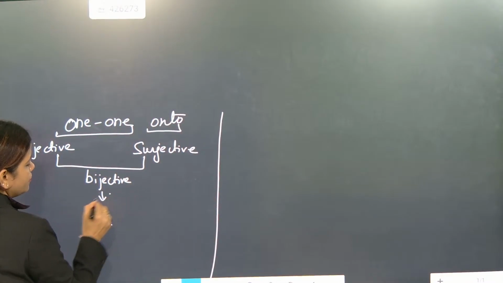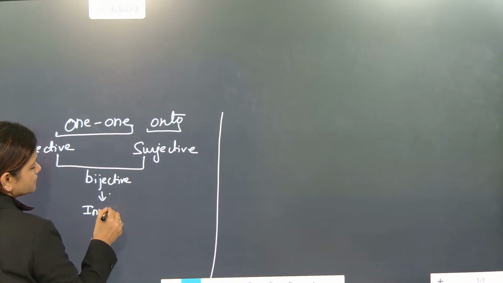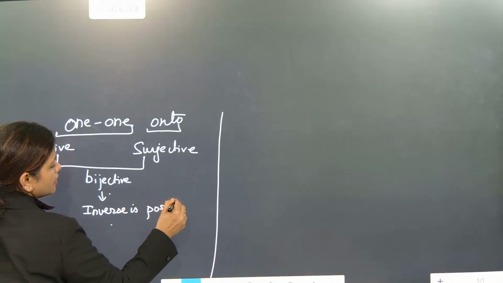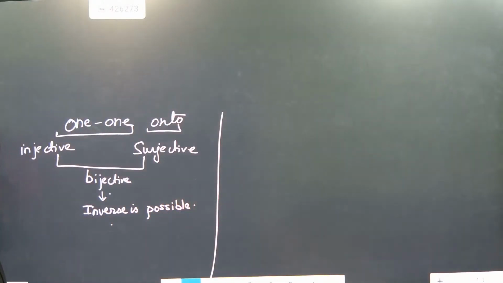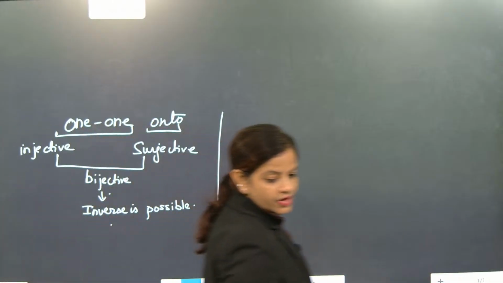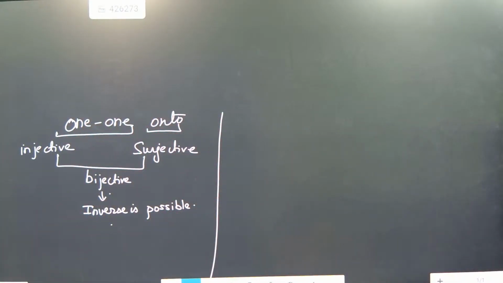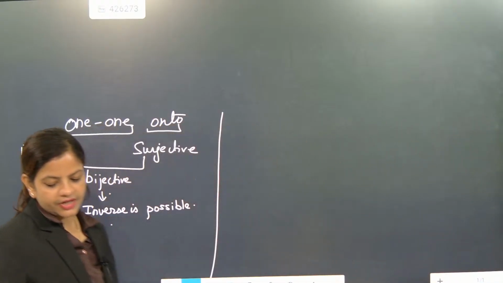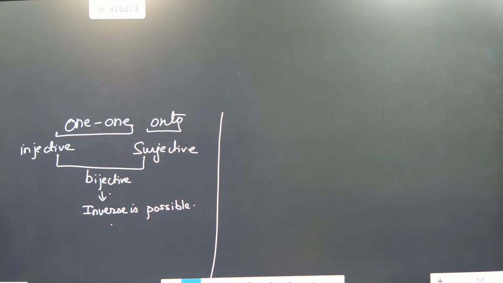And its inverse is possible. This is the most important information in precise form that I have given. Injective and surjective together become bijective. Injective and surjective, whichever way you want to go, you can go.